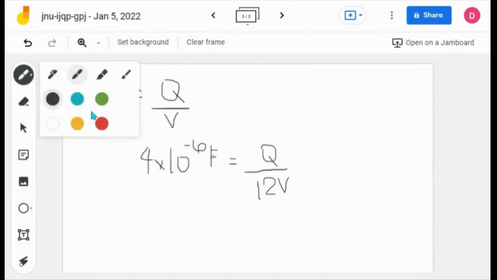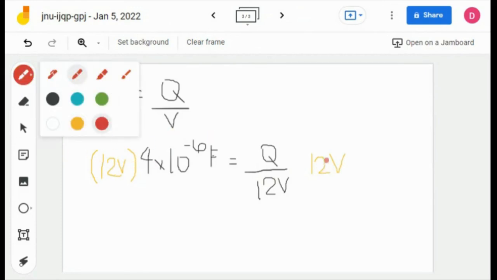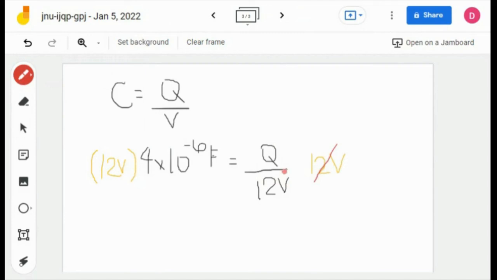So what I want to do is multiply both sides by 12 volts because I want Q to stay on this side of the equation only. So I need to equalize the equation. By means of equalization, I want to make the equation equal with each other. What I'm going to do on one side of the equation, I will also do on the other side. So 12 volts divided by 12 volts will give us 1.